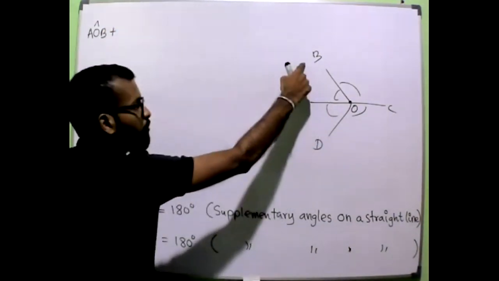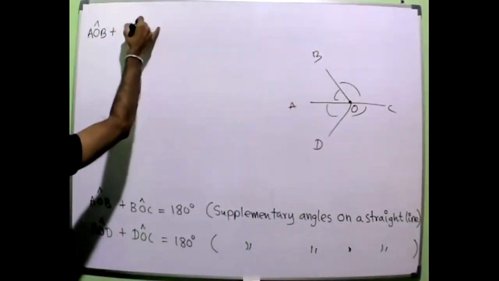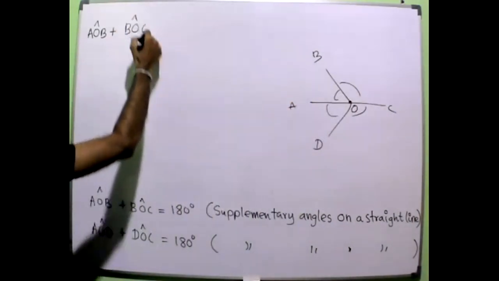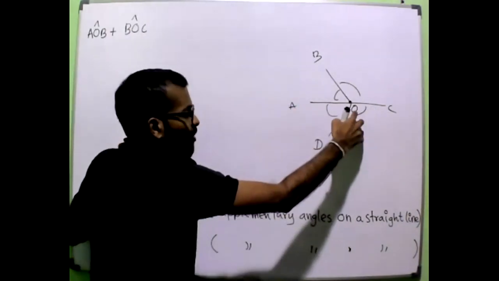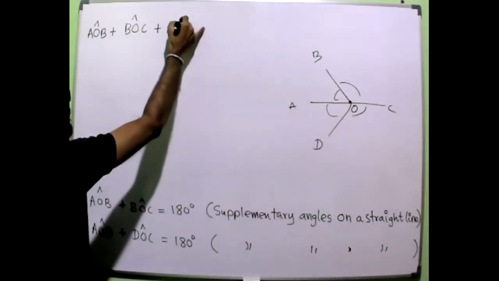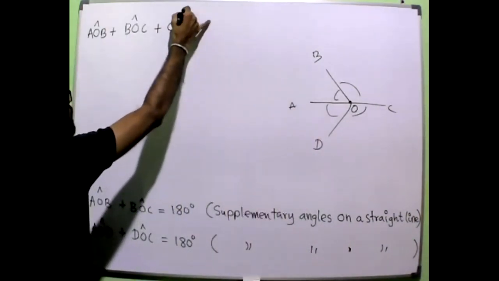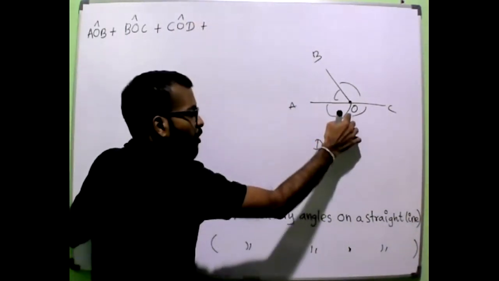AOB, then BOC, and now I am going to add COD plus DOA.